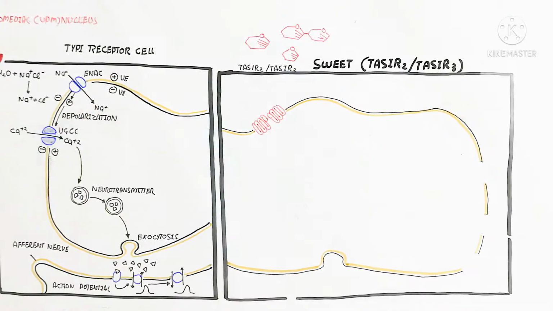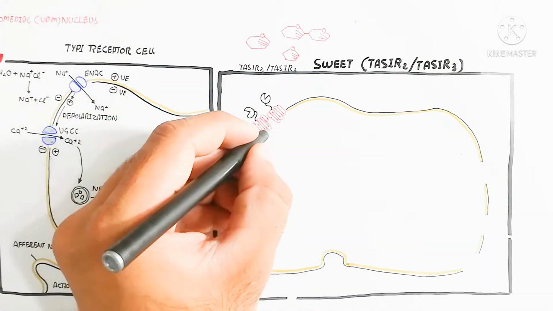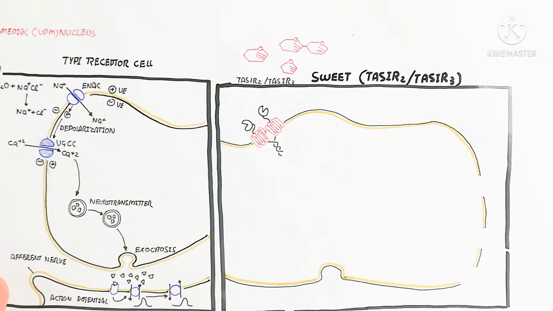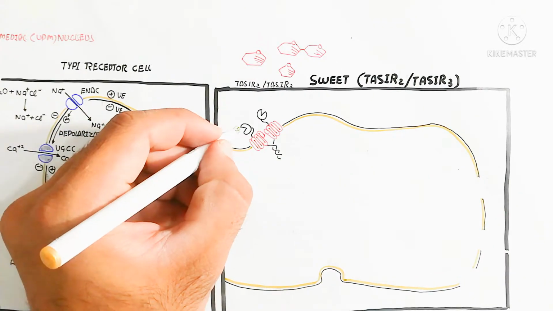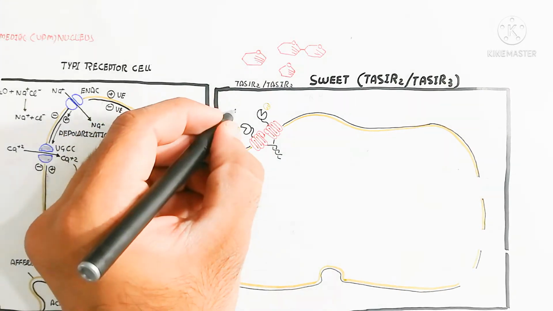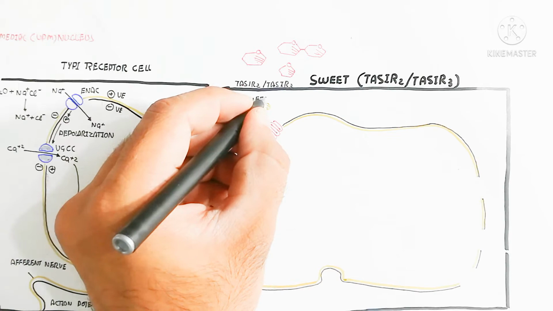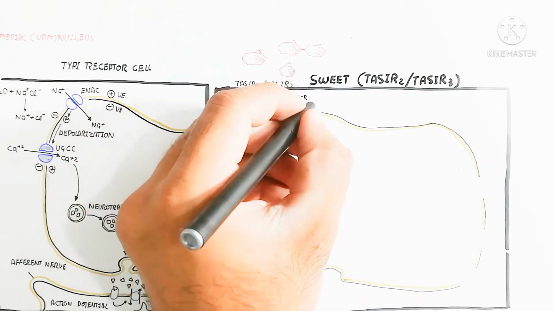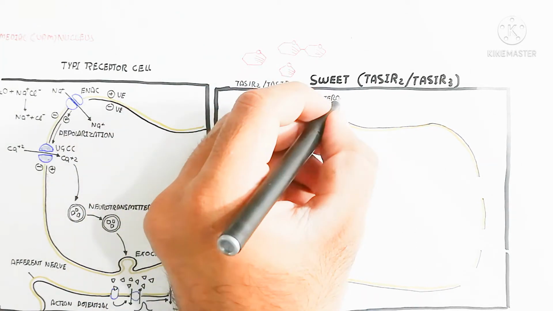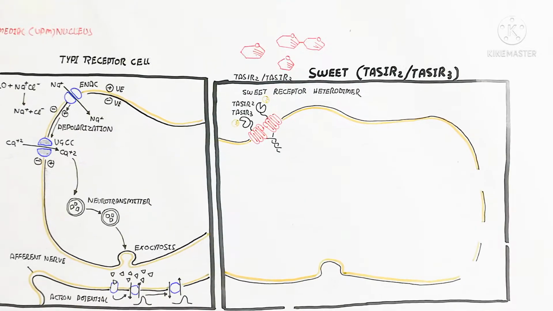sugar, ribose sugar, galactose, or on the other hand sucrose. The sweet receptor is a heterodimer attached with the G coupled protein receptor, TAS1R2 and TAS1R3, which bind the glucose.